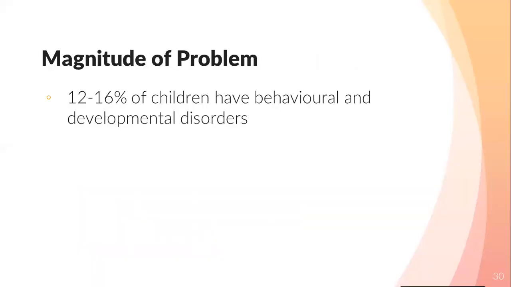This developmental delay is not very uncommon. Incidentally, it's seen in more than 10%, about 20% of children. So this is not uncommon, and this covers behavioral problems as well.